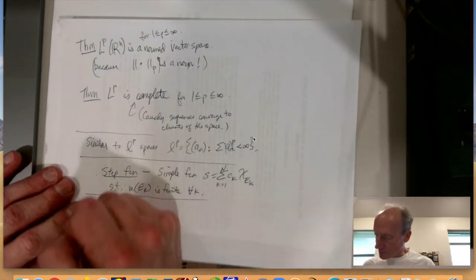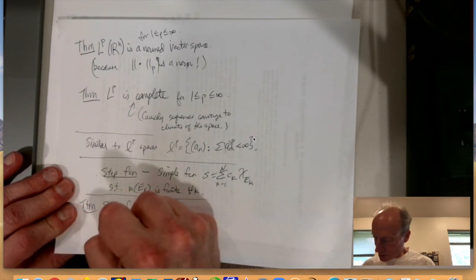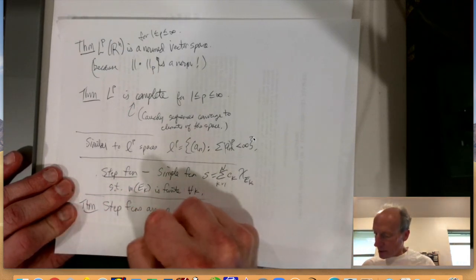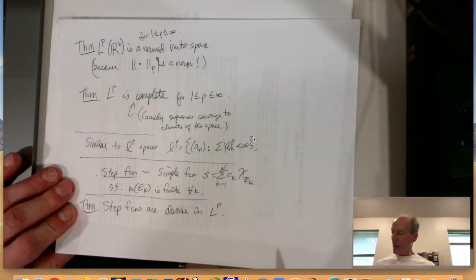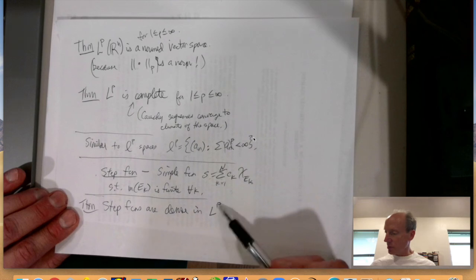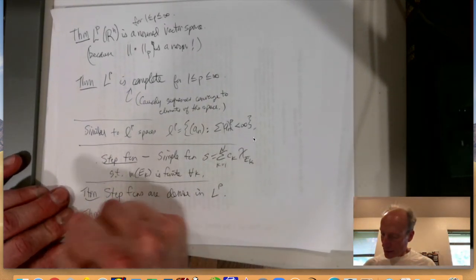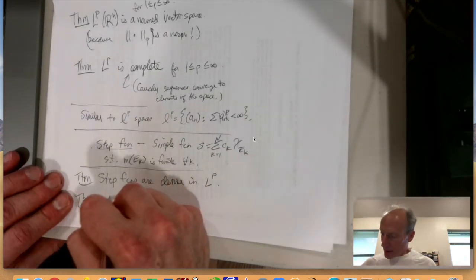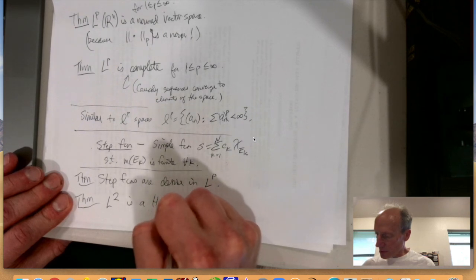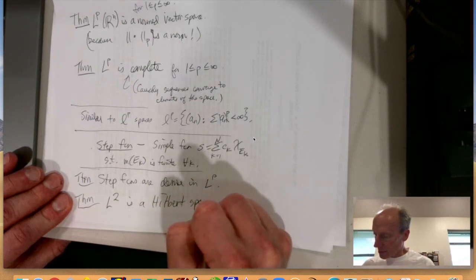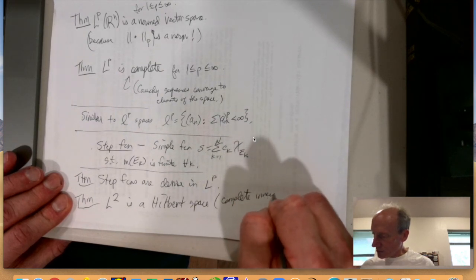Anyway, there's a theorem that step functions are dense in Lp. In fact, step functions are in every single p, and they're dense in every single one of those. And then last but not least, L2 is a Hilbert space, a complete inner product space.